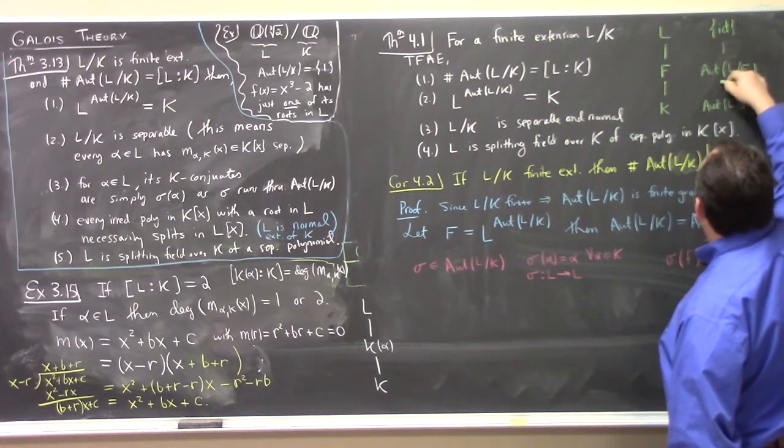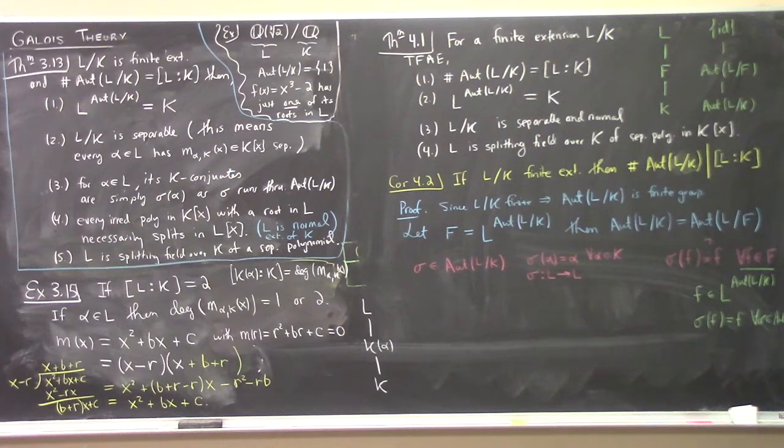Sigma's in Aut L over k and we have reverse containment of Aut L over F, so sigma has to be in Aut L over F. I have just established the uninteresting direction, which is what's written here.